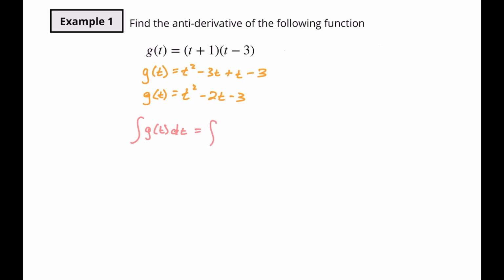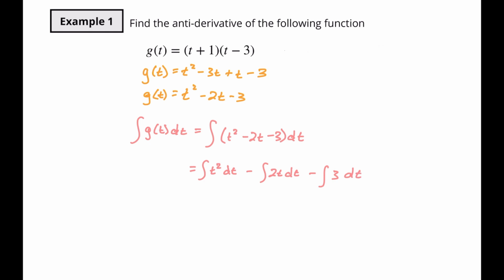And I could also write that as the integral of t squared minus 2t minus 3 with respect to t. But any way I write it, I'm going to ultimately end up with the integral of t squared with respect to t minus the integral of 2t with respect to t minus the integral of 3 with respect to t.